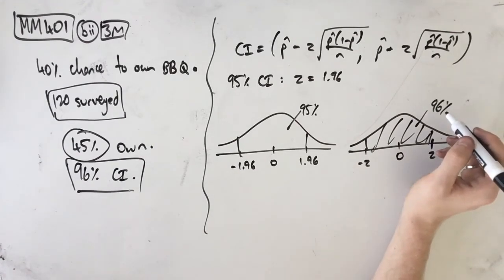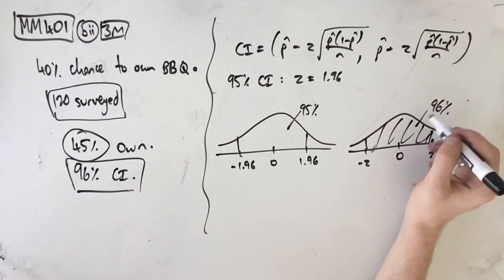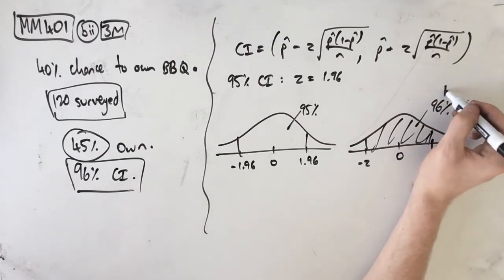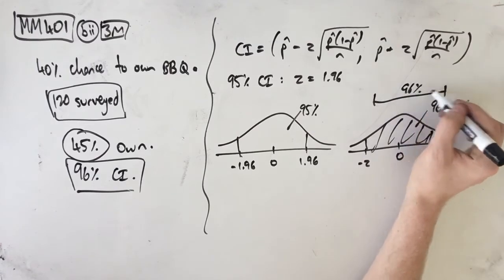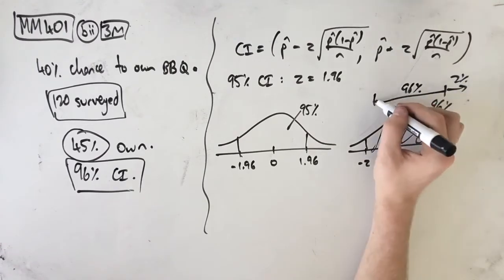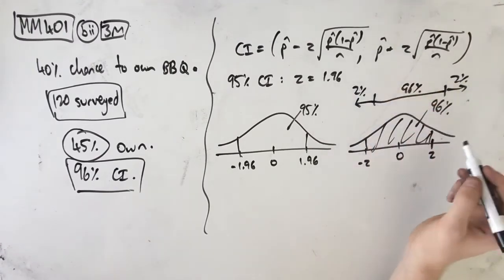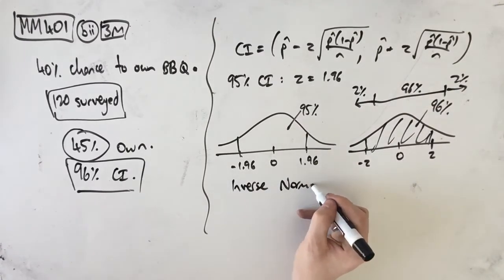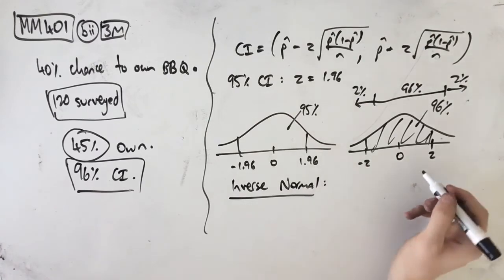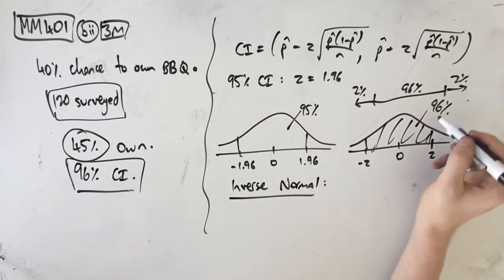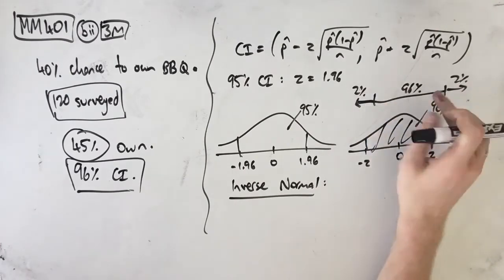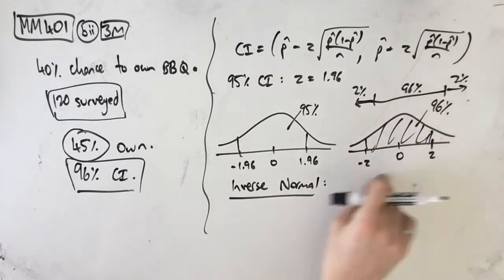We need to use our inverse normal, because we know our probability but we're trying to find our z value. If there's 96% between here, that means there's 2% above and 2% below. With our inverse normal, we always have to take the area to the left of the point we're looking at, so there's 98% of the data below z.